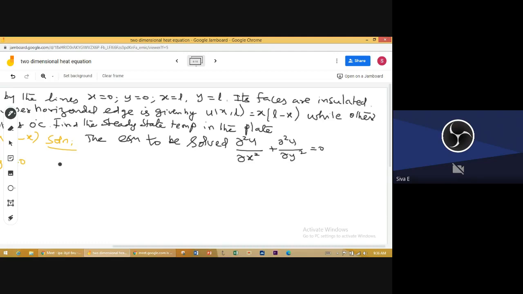Here the non-zero boundary condition is parallel to the x-axis.